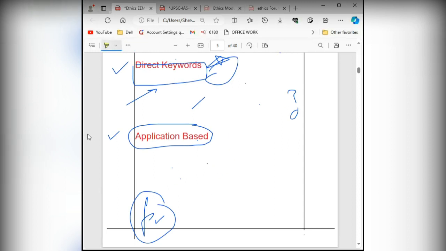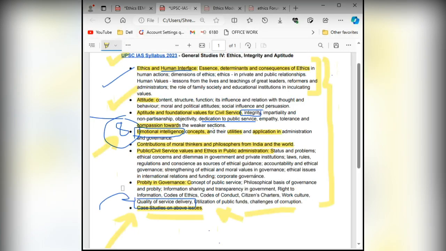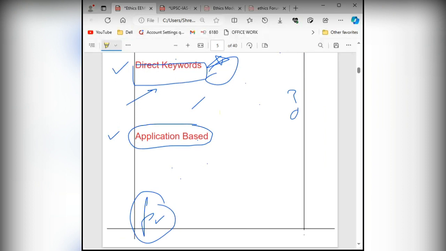Because if they have given you a certain case study or scenario, now how would you solve it as a DM, as a supervisor, as a simple common person? So you have to use the entire theory part to answer the case study or application part.